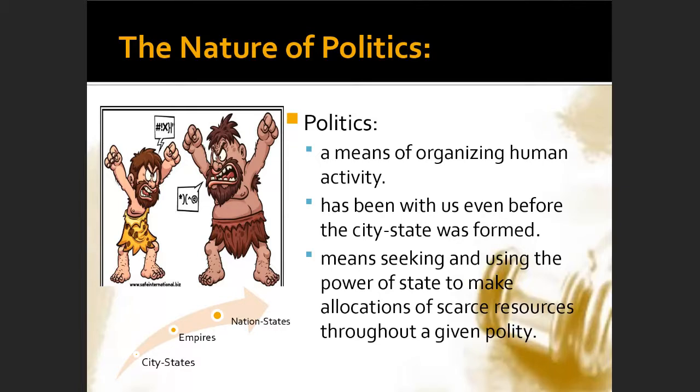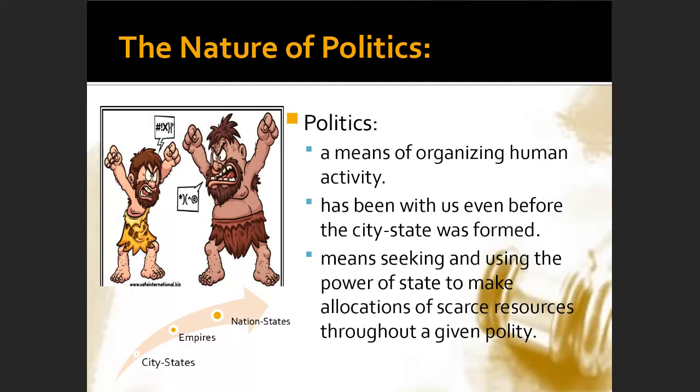As much as those in power would like to give, or as much as we want to have everything that we need, sometimes that is not possible because we do not have enough resources for everybody. So what are you going to do with the limited or scarce resources that we have? Then that also calls for politics, because you have to decide who will get what and who will get more than the others.